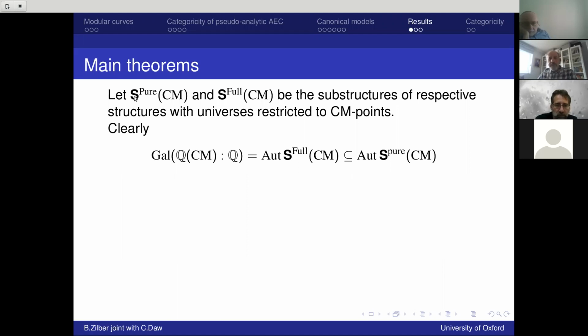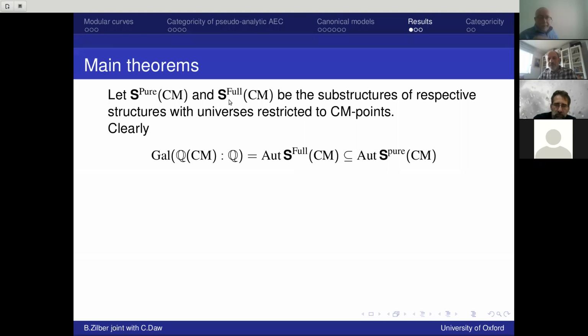Right. So now we concentrate on trying to understand the structure. You take a pure structure, you take CM points inside it, so you get a substructure; you restrict your structure to CM points only. But the relations that you want to see in this case are only those pure relations, and that's one version.